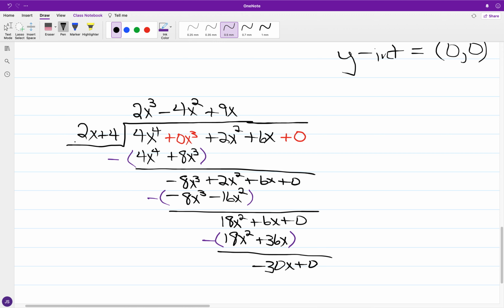And 2x will go into negative 30x negative 15 times, and distributing, we have negative 30x, and negative 15 times 4 becomes negative 60.